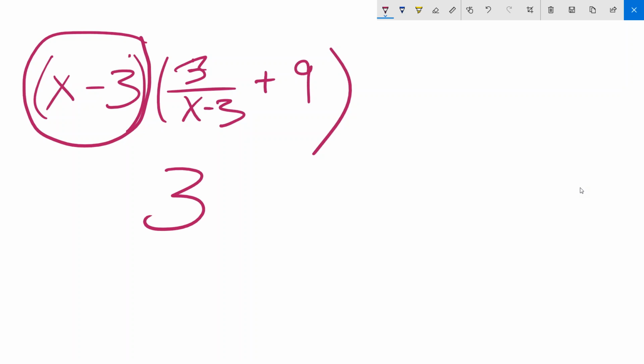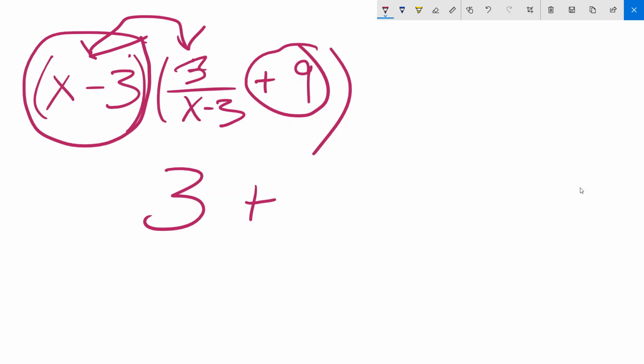No, in other words, what we're going to do is we're going to take this binomial and we're going to multiply it by that. What do you get? 3. Okay. And now we're going to take that same binomial and multiply it by 9. What do you get?